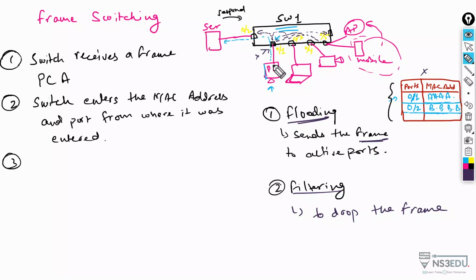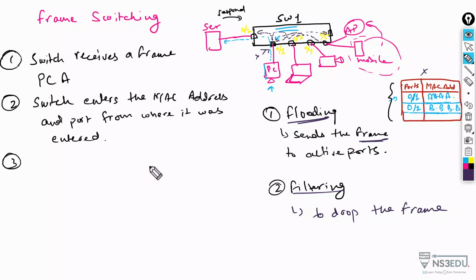In this case, if the PC does not know the server's MAC address and switch 1 also does not know what devices are connected to its ports, then it will flood every frame it is receiving on this interface or any other interface, if it has not learned any MAC addresses at that time. If the switch has learned some MAC addresses, or it has populated the MAC address table with its ports, then in that case it will directly forward to your destination.